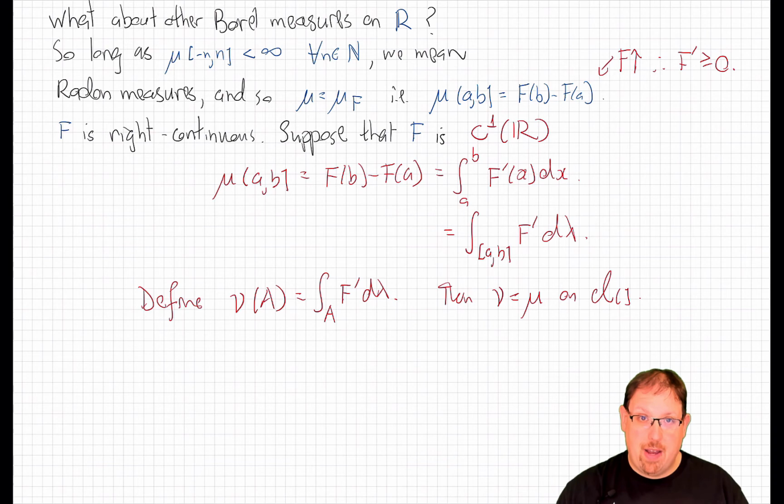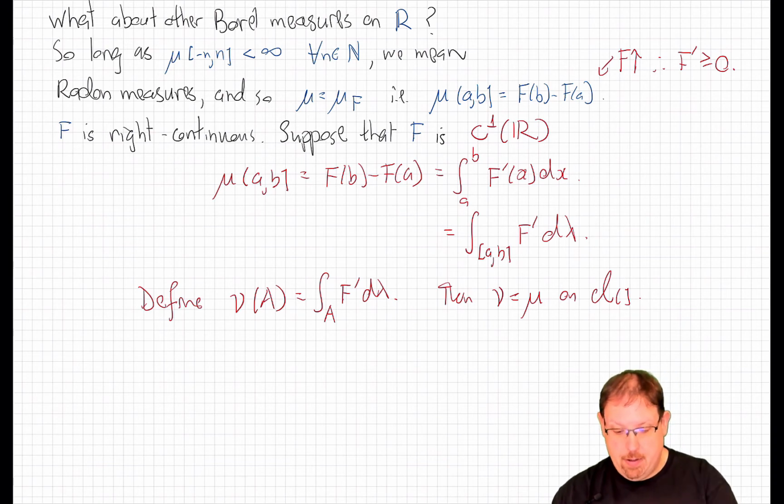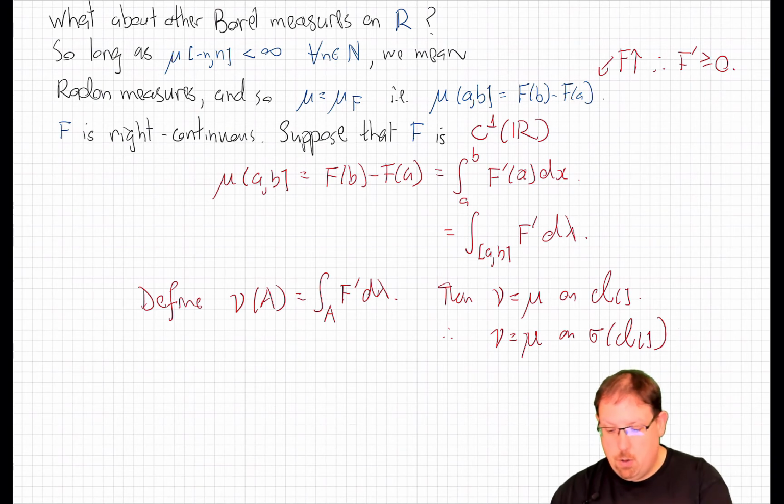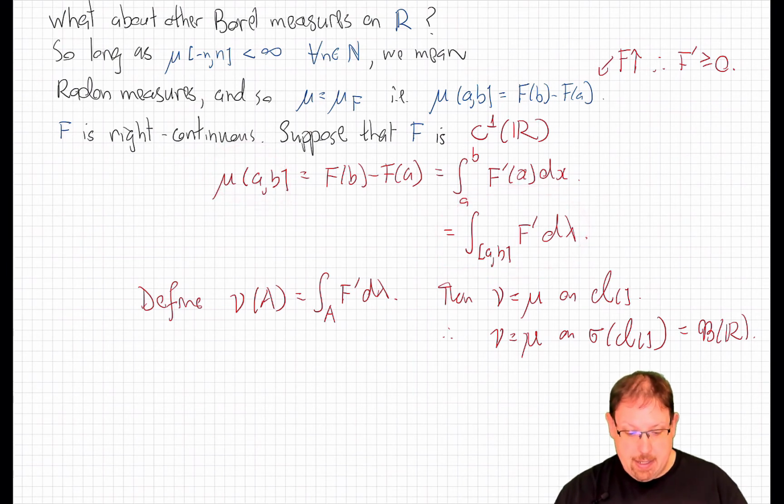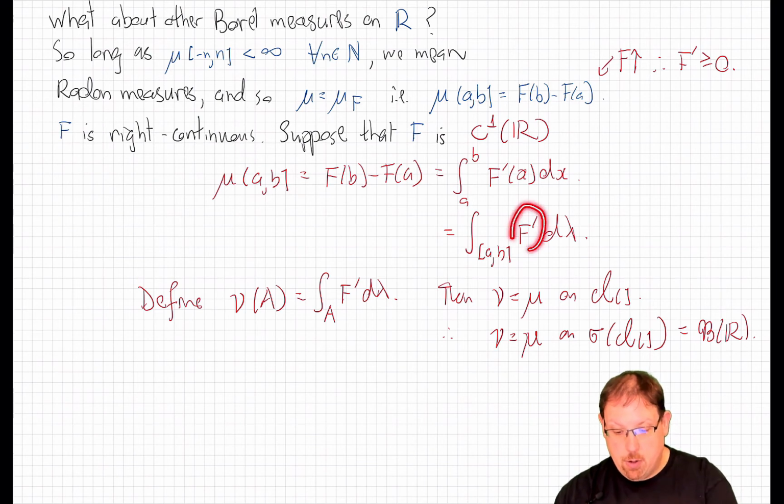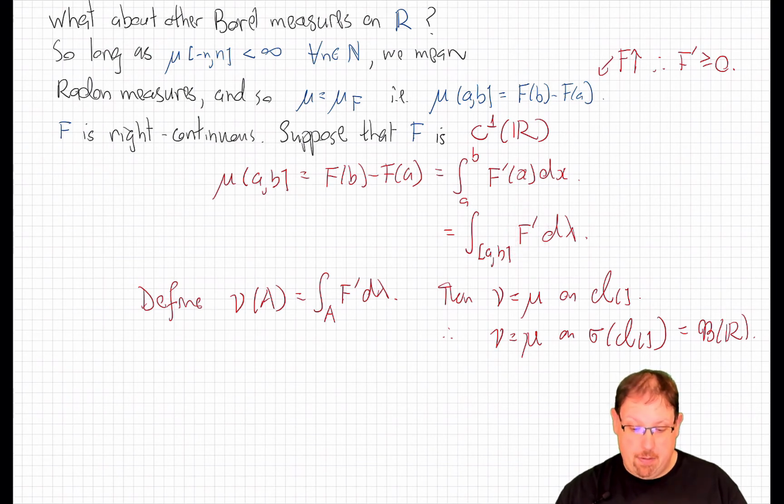But we know that if I have two genuine measures that agree on a semi-algebra, they must agree on the sigma field generated by that semi-algebra, which is the Borel sigma field. And so indeed, from here, we see that the measure mu is given by integrating the derivative of the function f on any Borel set.